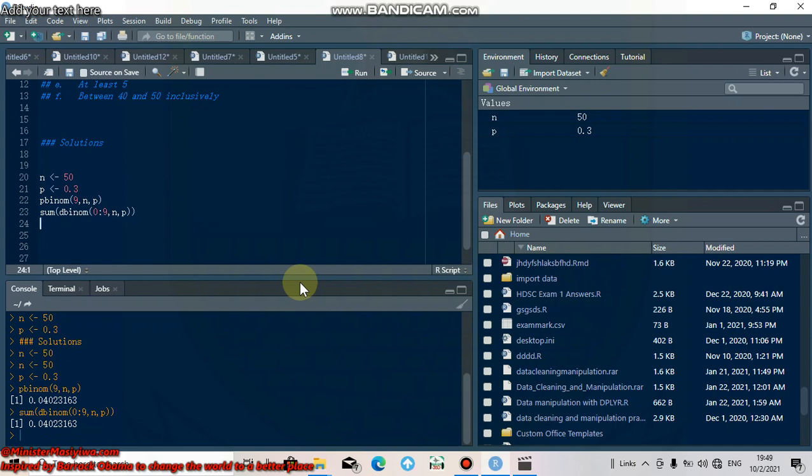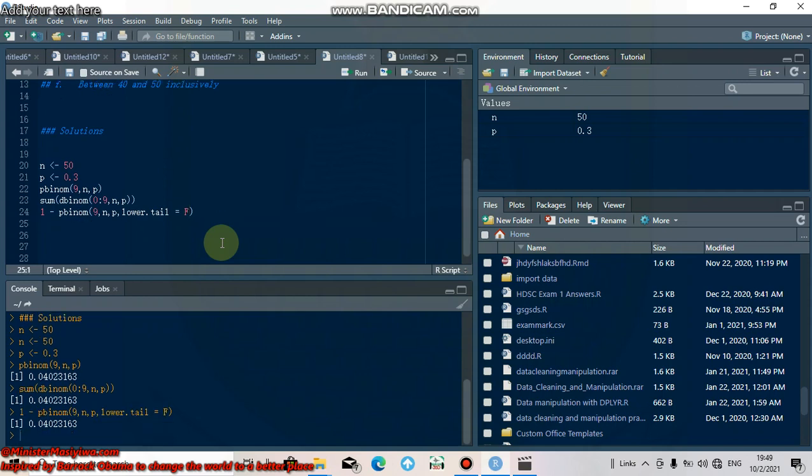Or we can use another function, which is 1 minus pbinom 9, n, p, then you use lower.tail equals F, which is false. You see, the probabilities are the same, all three probabilities.